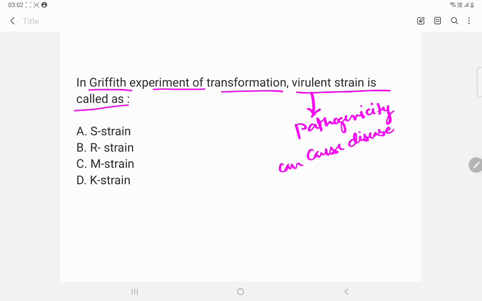You know very well now that virulent strain is nothing but the S strain of bacteria. R strain is avirulent, S strain is virulent or pathogenic.